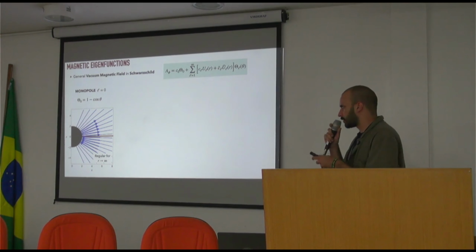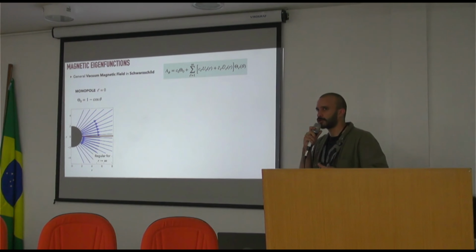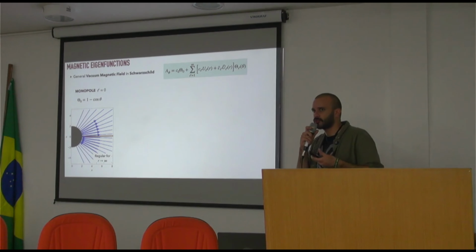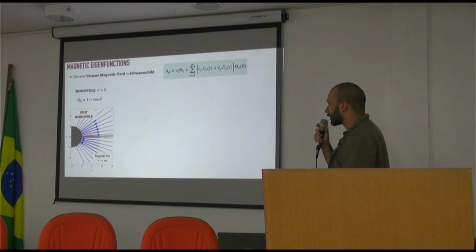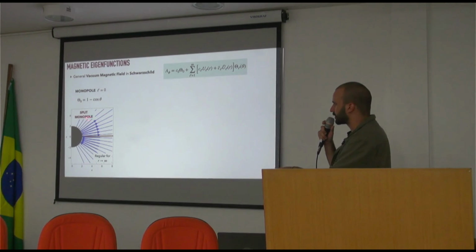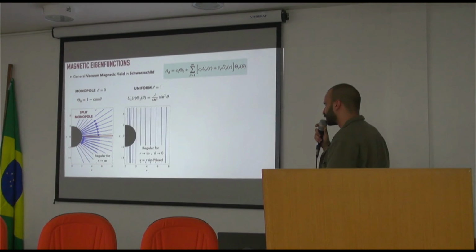But I just wanted to mention that rather than being a disadvantage, the monopolar configuration is kind of interesting because it's simple, first of all, and because it might make sense for us. So yeah, I didn't say, but this configuration is called the split monopole magnetic field.